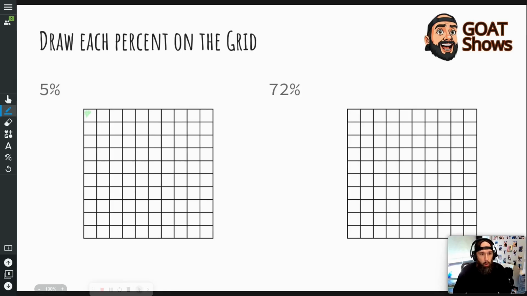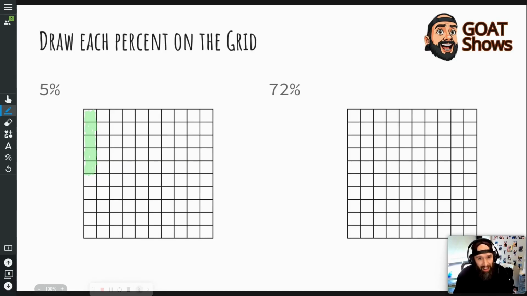And we're going to shade 1, 2, 3, 4, 5 squares. So if we compare the green shading to the non-green shading, there's just a teensy bit of green versus all that white.